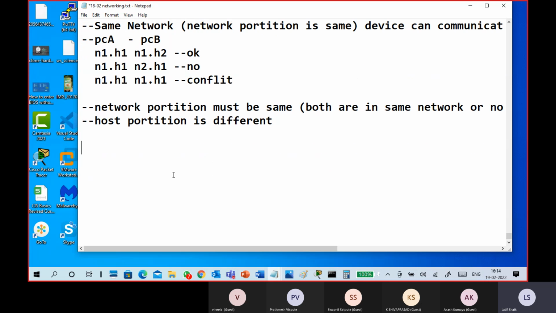For example, 190.182.17.23 is the PCA IP address.